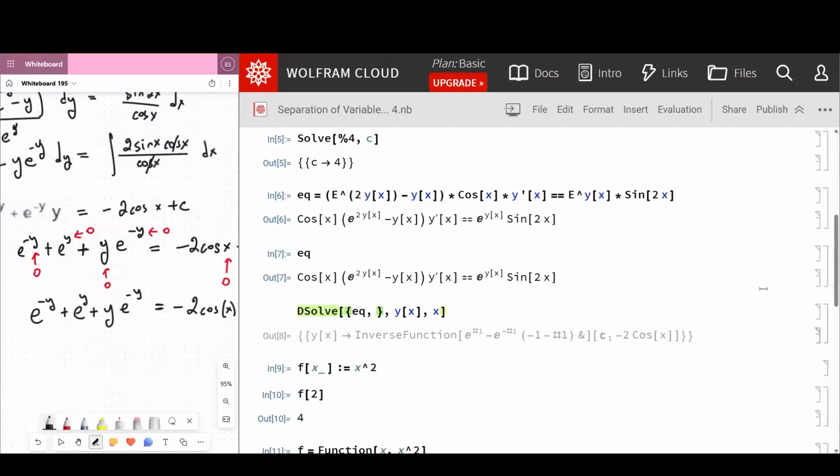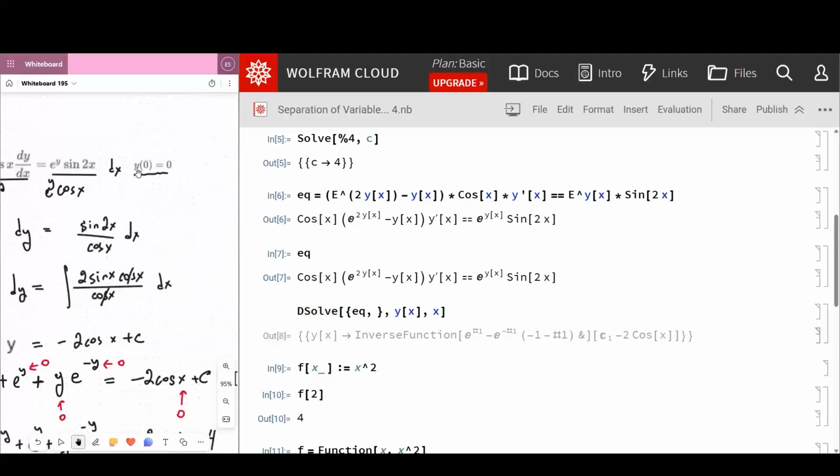The second equation is basically going to be our initial condition, which was y of 0 equals 0. So we're going to enter that here, y of 0 equals 0. Again, don't forget the double equal signs. And notice this equation is just this giant expression representing the differential equation.